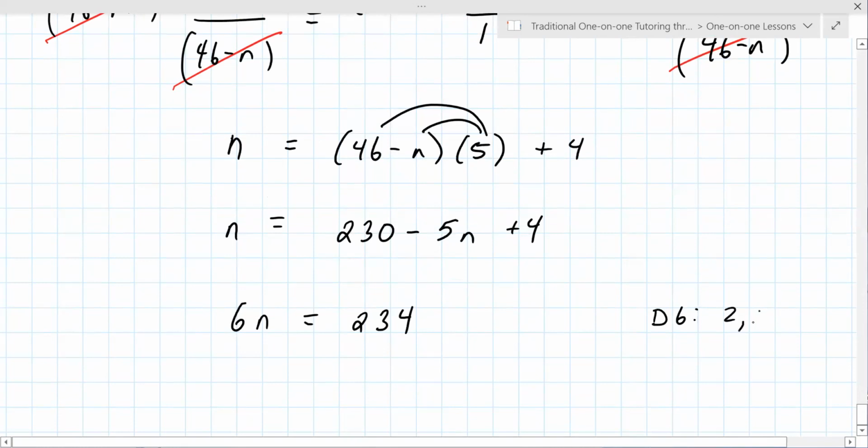A 2 and 3 have to work. This is even, so 2 works. Then you add up the digits, 2 plus 3 plus 4, that adds up to 9, which is divisible by 3. All that tells you it's divisible by 6. If you have a calculator, you can also shortcut that, and you end up getting 39.